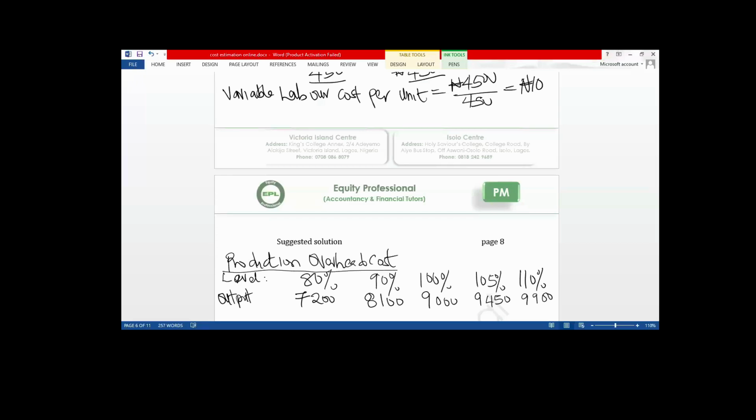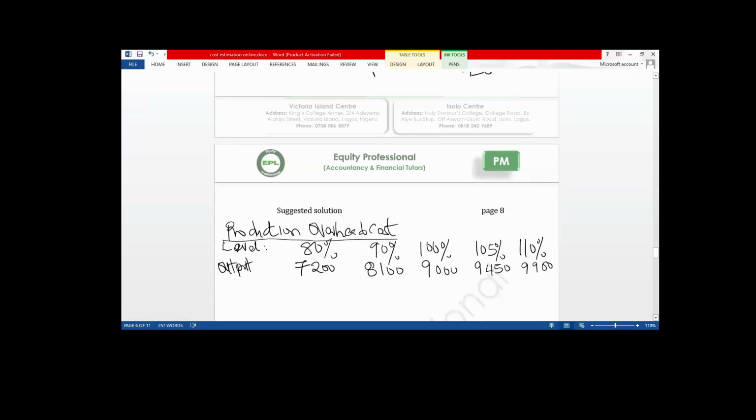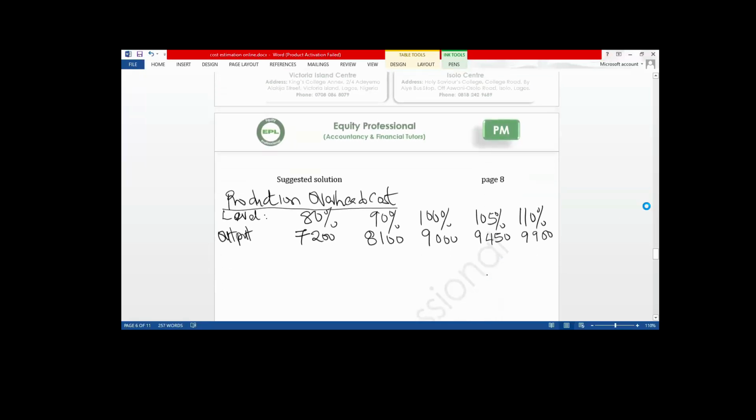Now, please let me check. The production overhead for Ikeja: 49,800. Next, 53,400.